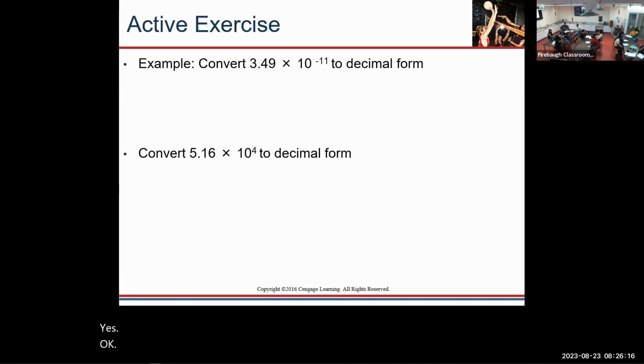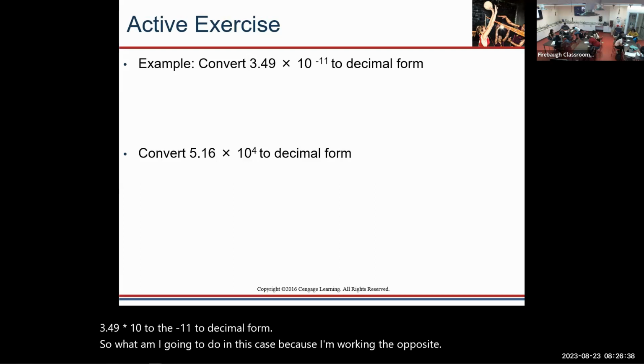So let's go ahead and convert 3.49 times 10 to the minus 11 to decimal form. So what am I going to do in this case? Since I'm working the opposite, we're going to do it backwards, right?